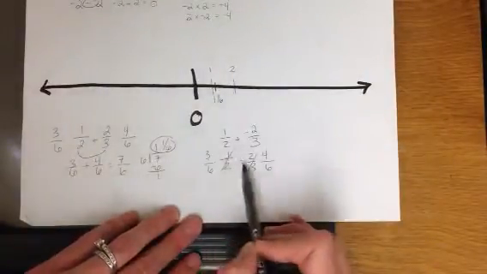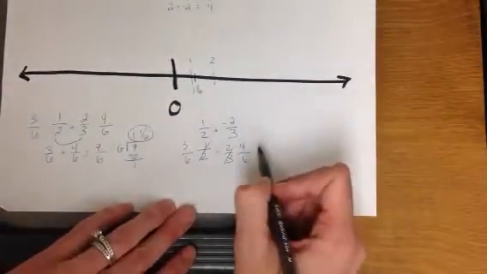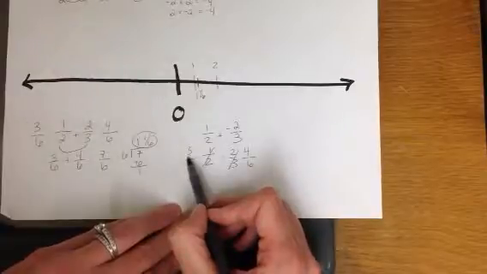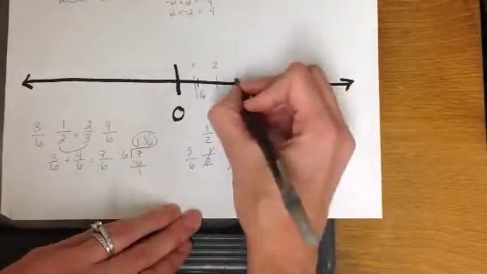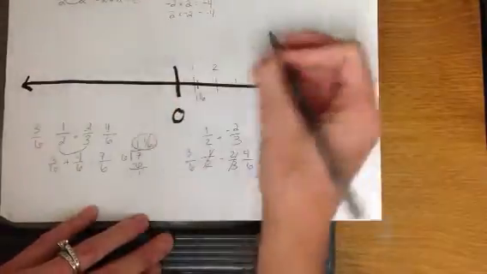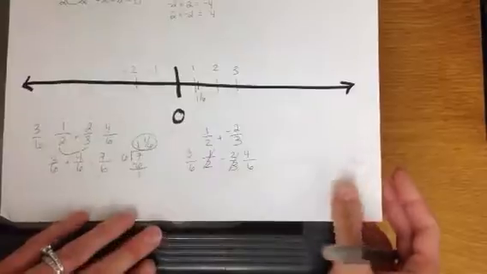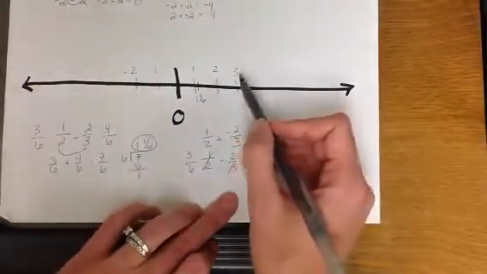We have 3 minus 4, which would get us a negative number because we have 3 and we subtract 4. So if we want to use the number line to help us with this, and some students still need to do this for a while until they get more comfortable with it, we can use the number line to help us with this.